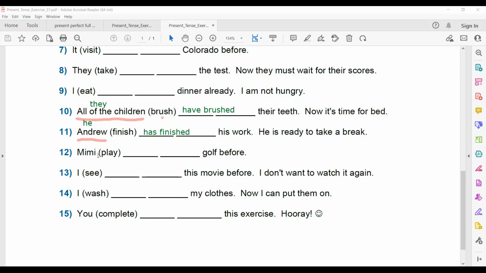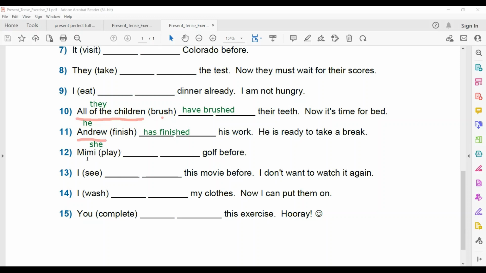Mimi. I actually don't know who Mimi is myself, whether it is a boy or a girl or a dog. But let's pretend that this is a girl. She. It's unspecified gender or object or thing. Okay, maybe it is a toy. We don't know. But you just look at how many. I don't see the plurality here, so there is no plural suffix.